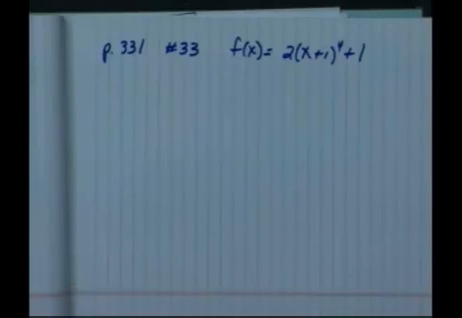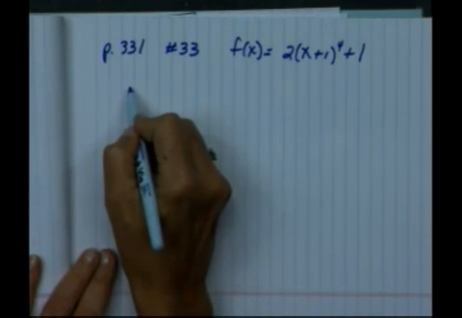Okay, so this is page 331, number 33. f of x equals 2 times (x plus 1) to the 4th plus 1. All right. What's your basic function?